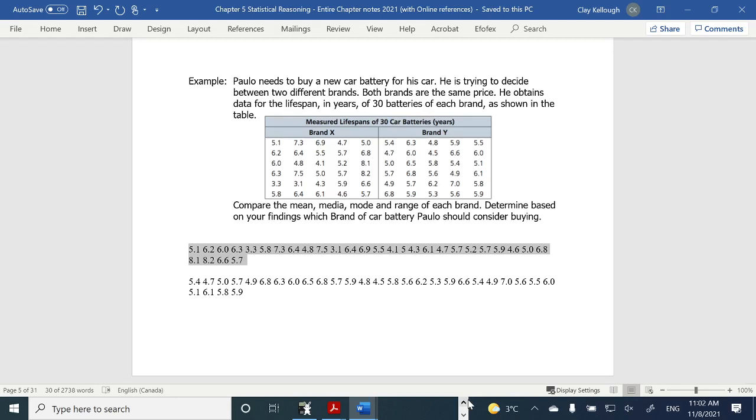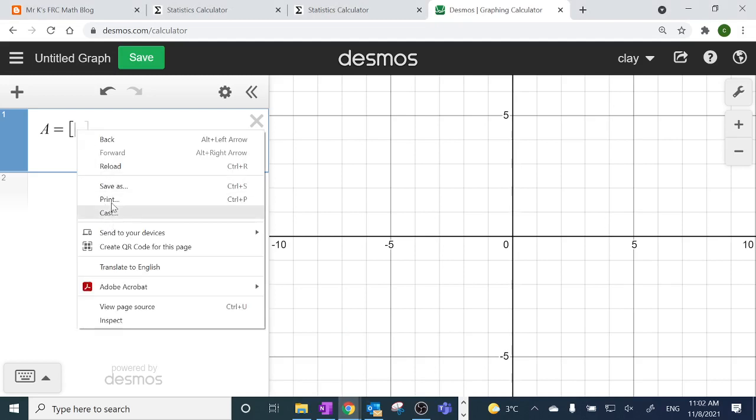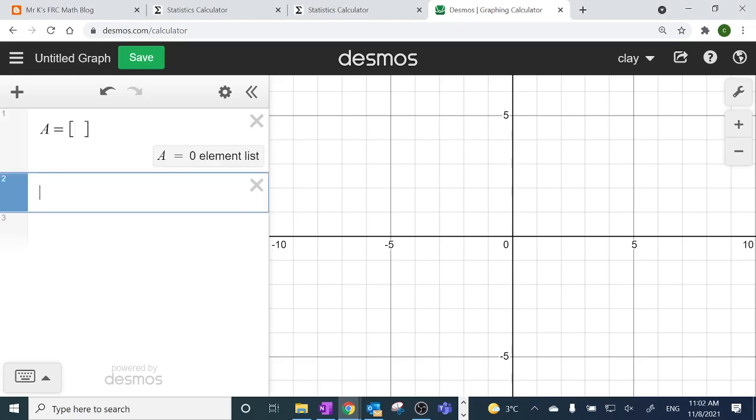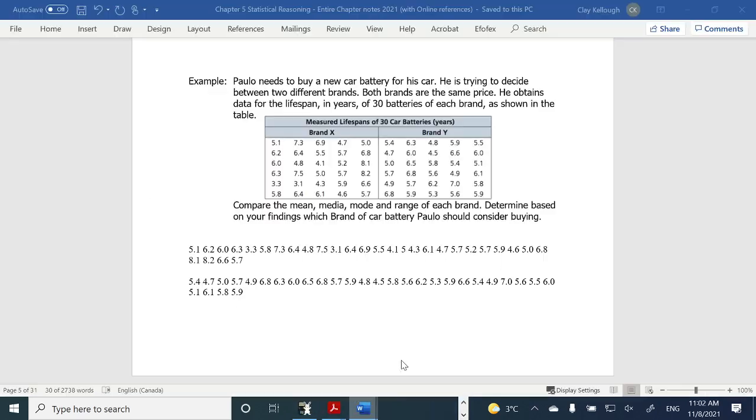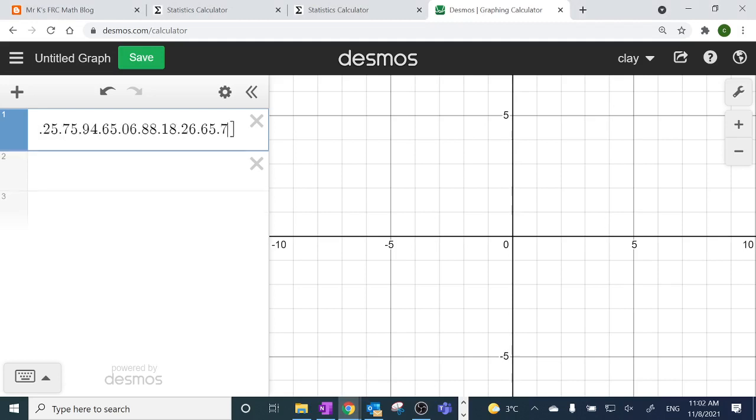Copy, then go to Desmos and paste. Oh, it's not letting me do it. Interesting. Okay, maybe I'll do Control C, put your cursor in there, and Control V. Unfortunately, you'll have to go back and tidy that up.